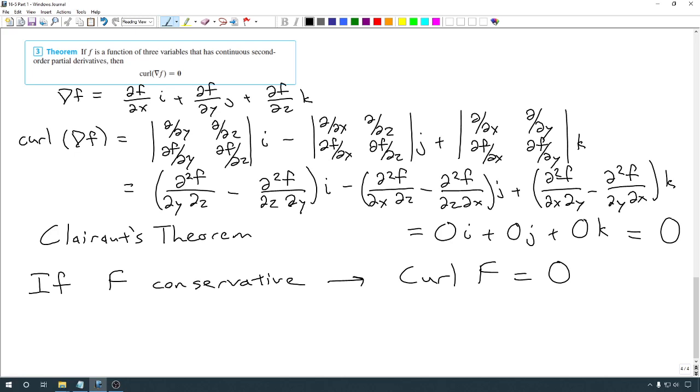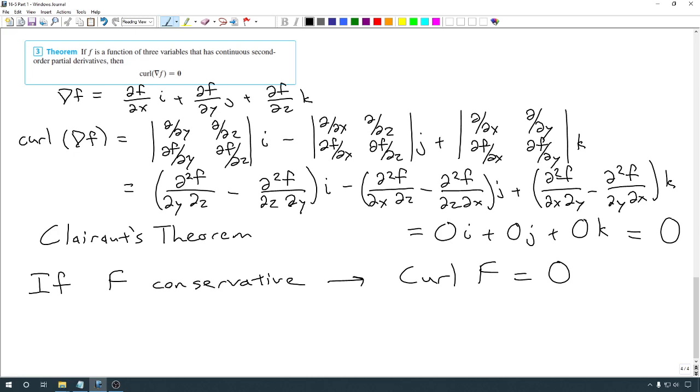Of course, here we're assuming that the components of F do have continuous derivatives. So the derivative of each component of F with respect to each of the variables has to be continuous, so that the second derivatives are continuous.